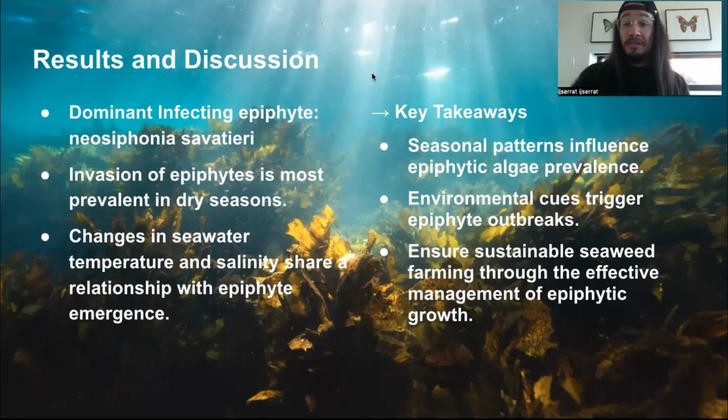Key takeaways are that seasonal patterns influence epiphytic algae prevalence, and that environmental cues trigger epiphyte outbreaks. We also want to ensure sustainable seaweed farming through effective management of epiphytic growth.